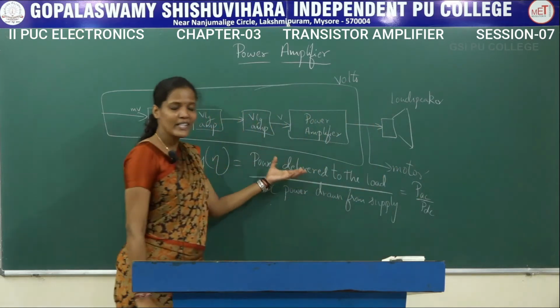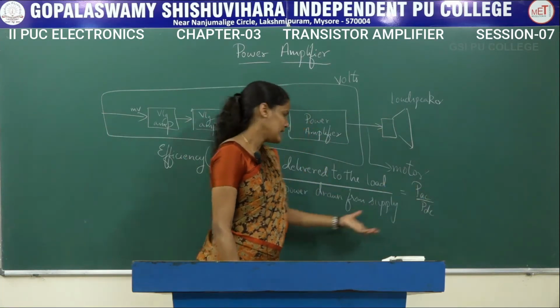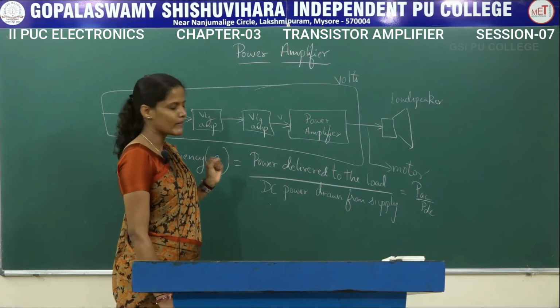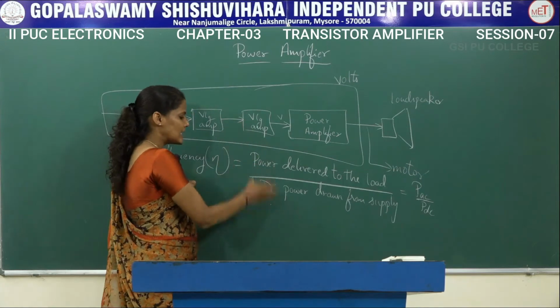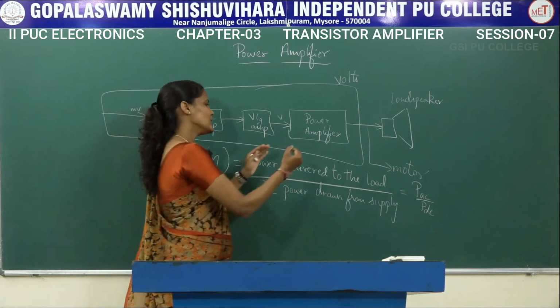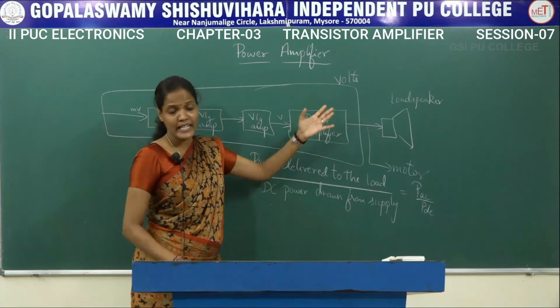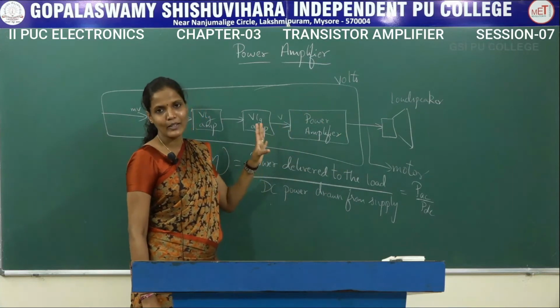That is, the power which is delivered to the load, that will be in terms of AC, and the power which is drawn from the power supply, that will be equal to DC. So this power amplifier converts the DC power which is drawn from the power supply into the AC power that can drive the loudspeaker or the motor, or on the whole it can be called a load.